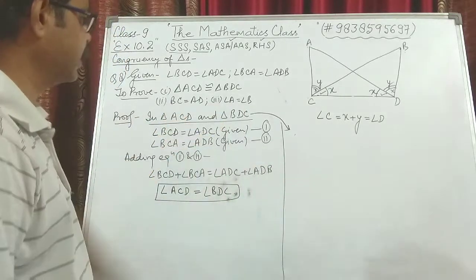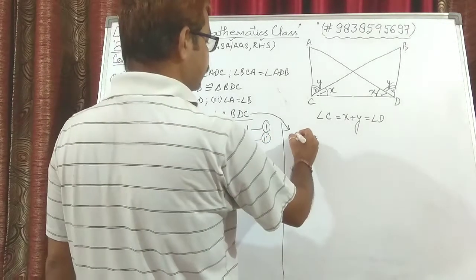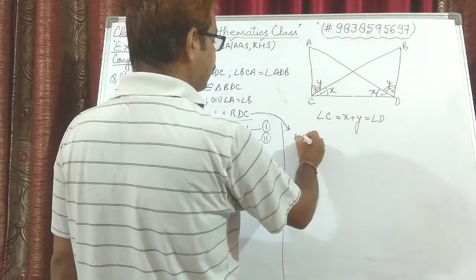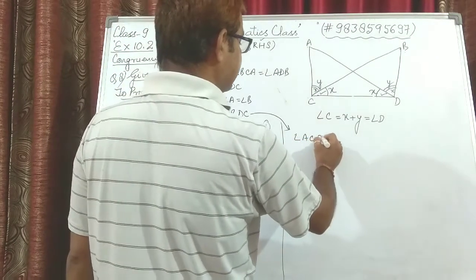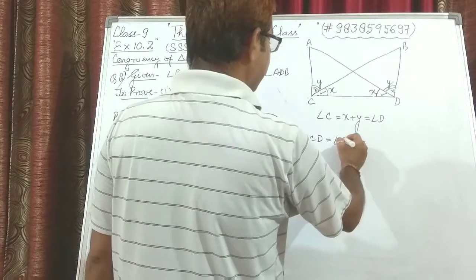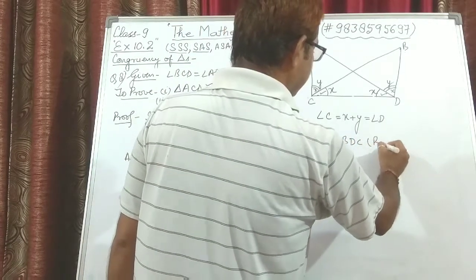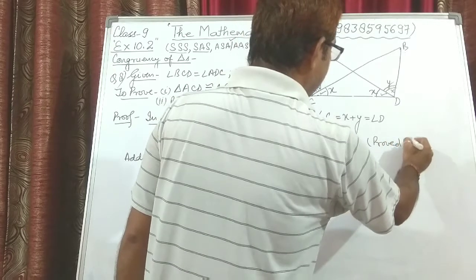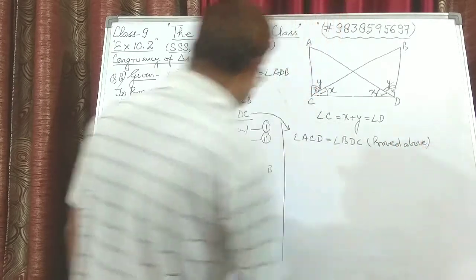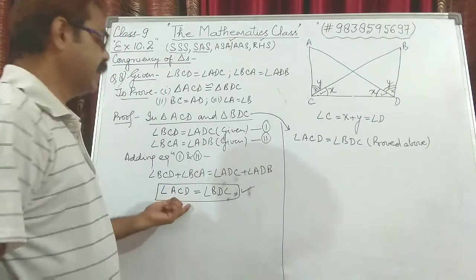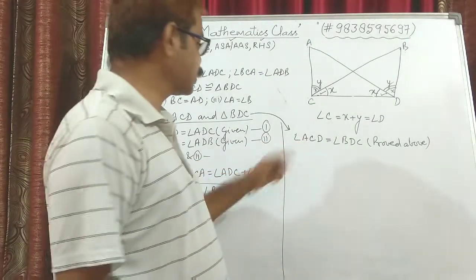Now when we talk about ACD and BDC, we can say first point that angle ACD is equal to angle BDC. Why? Because it has been proved above. You will write proved above. Means we are talking about this point. ACD is equal to BDC, we have just proved above.